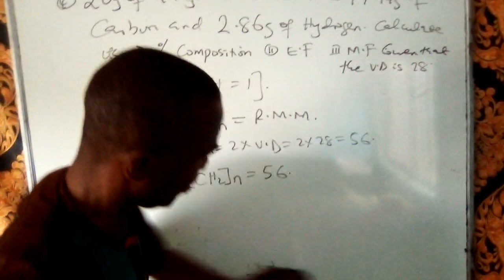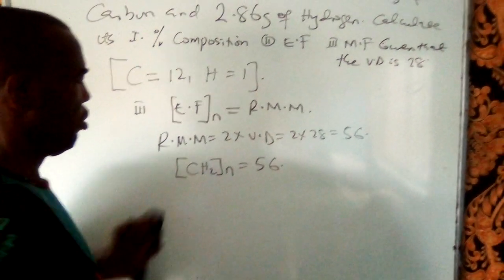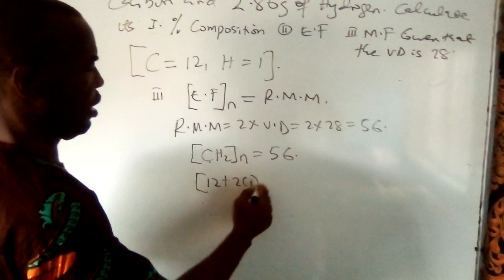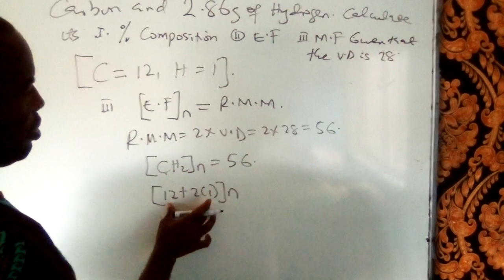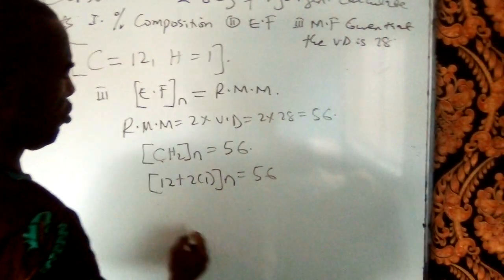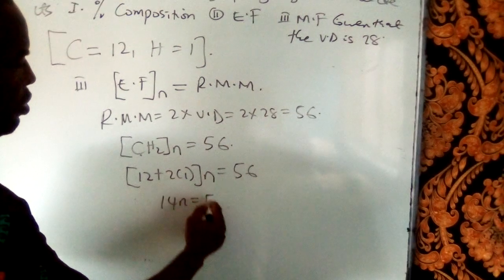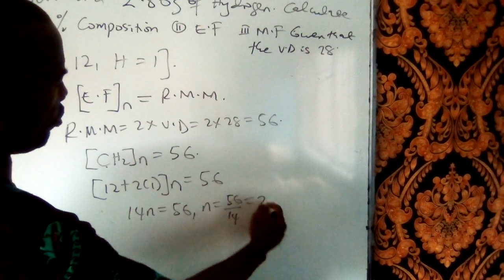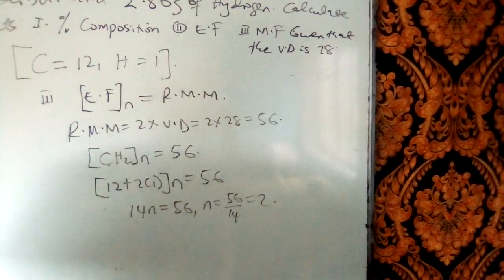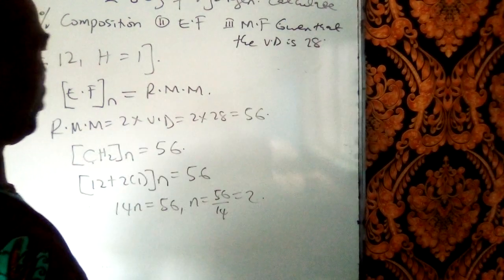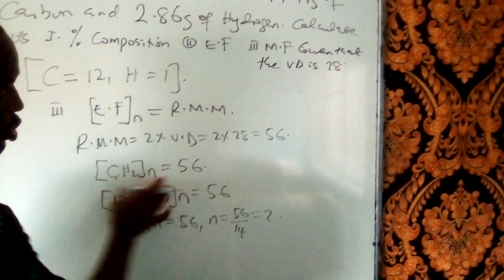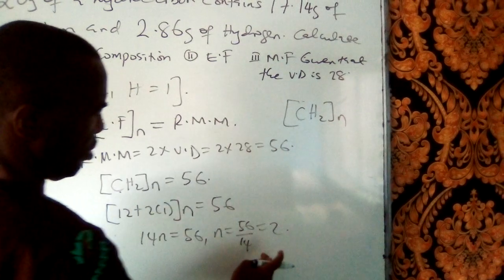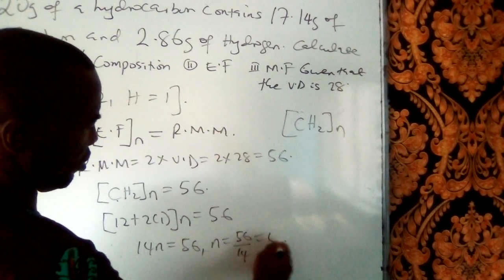When you have done that, then solve for your n. I have 12 for carbon, 2 times 1 for hydrogen, using the atomic masses, equal to 56. So 14n giving us 56. n is 56 over 14, that will give you 4, not 6, 4.